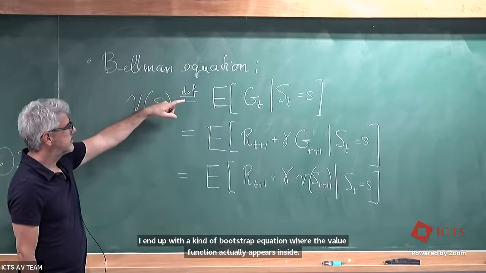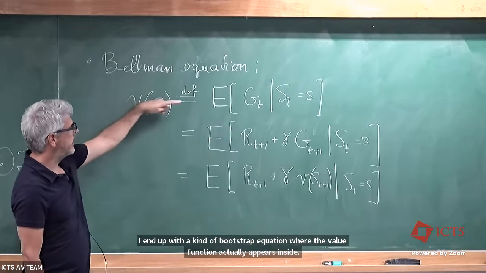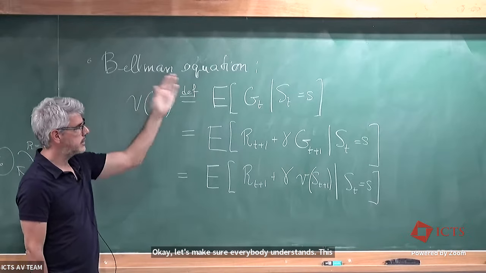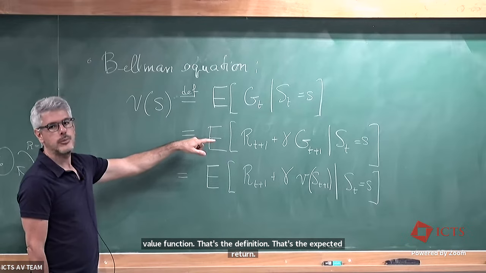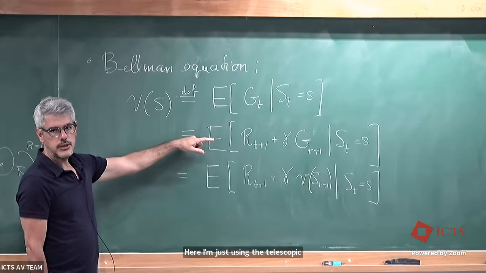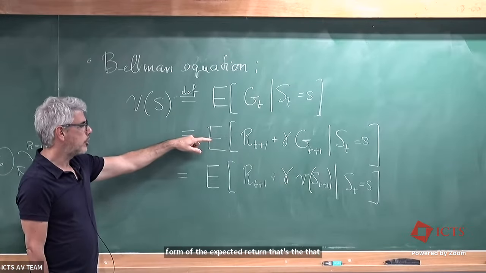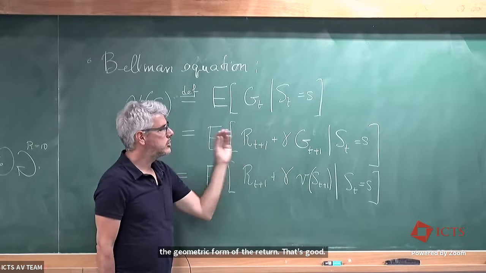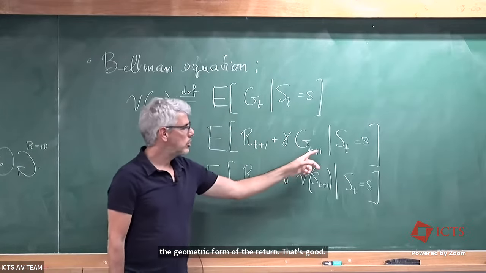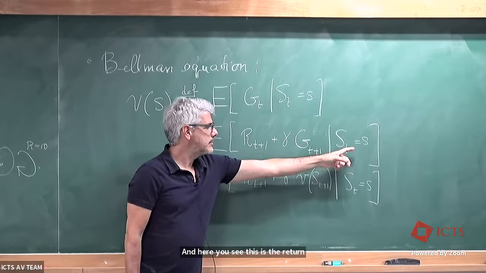Let's make sure everybody understands. This is the value function, that's the definition, that's the expected return. Here I'm just using the telescopic form of the expected return, that comes from the geometric form of the return. And here you see this is the return, but not starting from s_t, at time t plus 1.